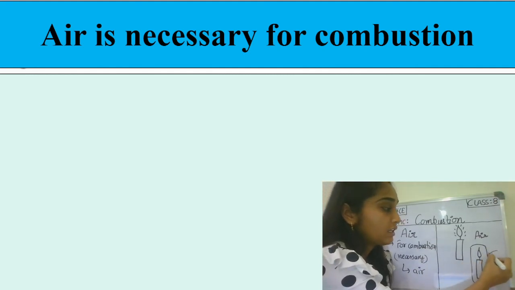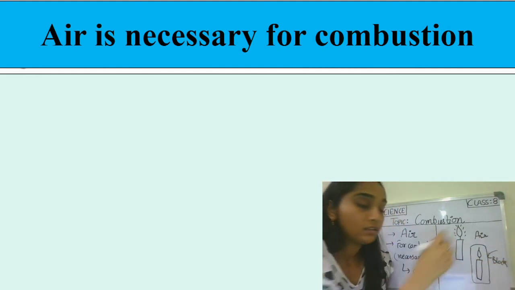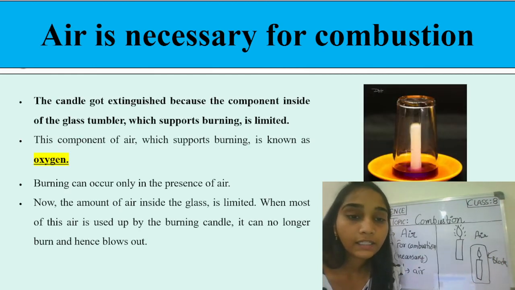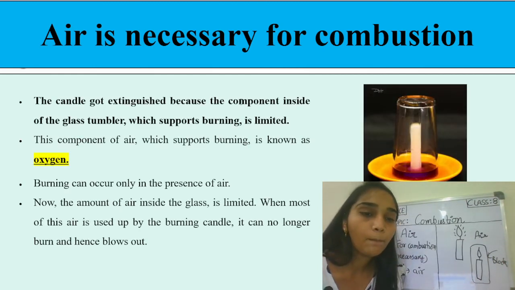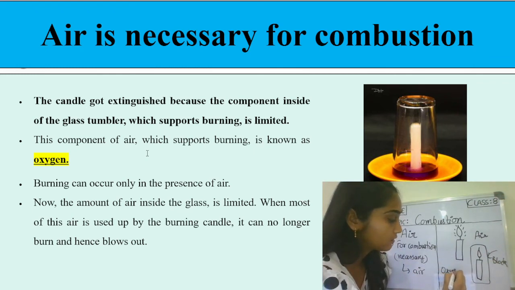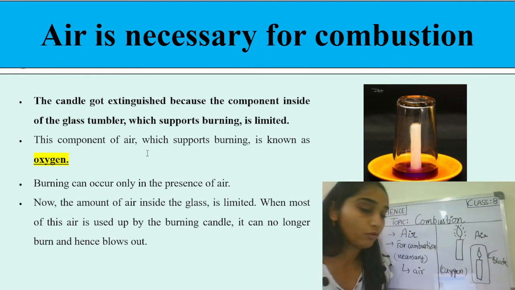So we can say that the going of air inside that glass is blocked. So the candle got extinguished because the component inside the glass tumbler which supports burning is limited, and this component which supports burning, basically from the air, is oxygen, students, which is responsible for that burning process.